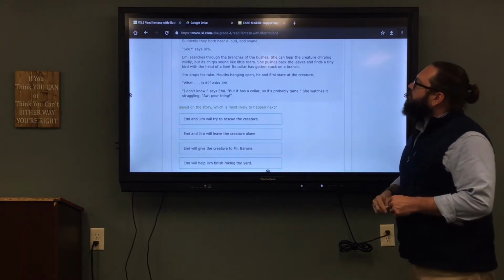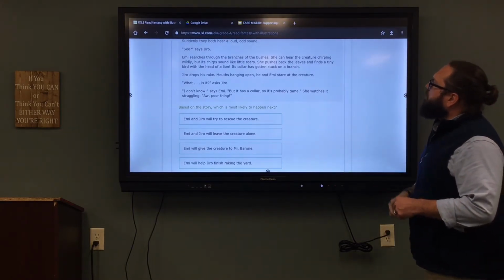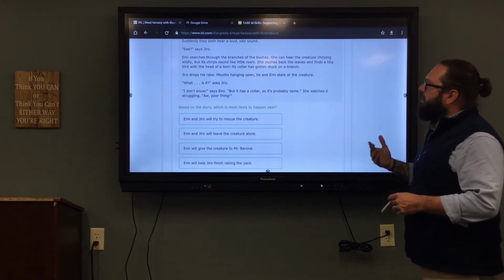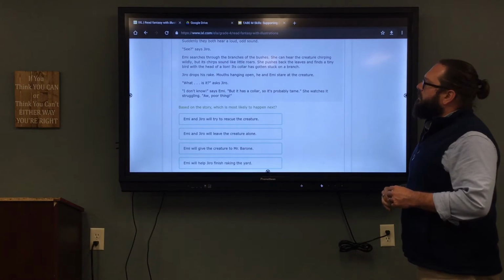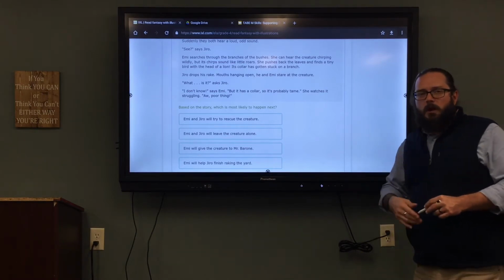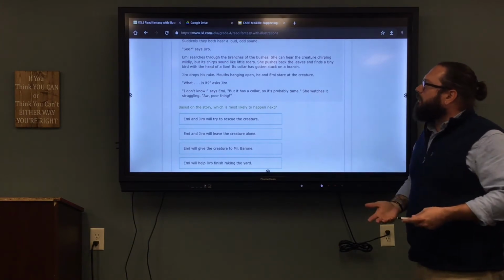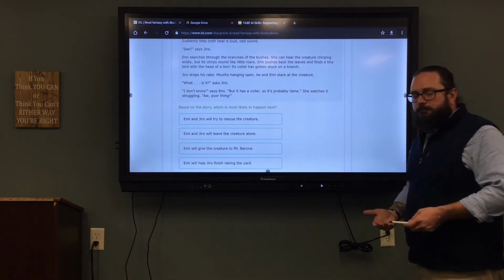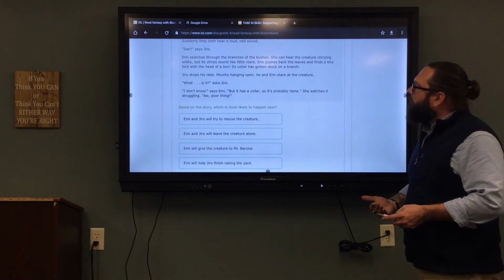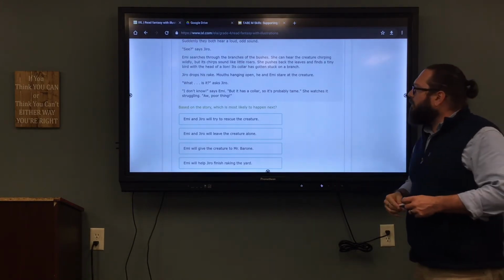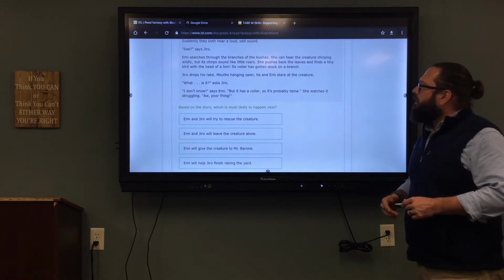We see Emmy searches through the branches of the bushes. We hear the creature chirping. She pushes back the leaves and finds a tiny bird with the head of a lion. So Jiro drops his rake, their mouths drop open, and they stare. So what is it? Well, they're not sure. But Emmy points out that it has a collar, so it's probably tame.